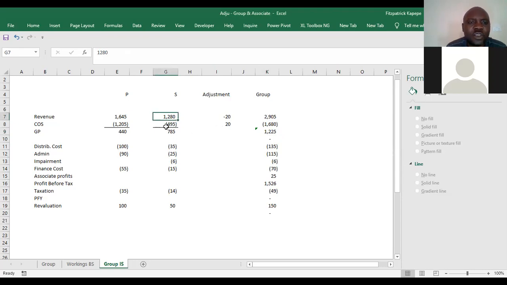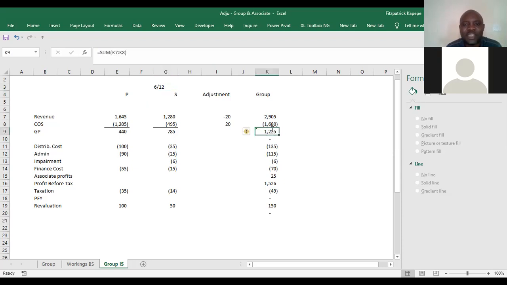Okay, so these numbers here, we are actually getting only for post-acquisition. I just made a mistake. We're getting for post-acquisition, which is the last half of the year. So which is 6 divided by 12. So we're just getting the last half of the year.